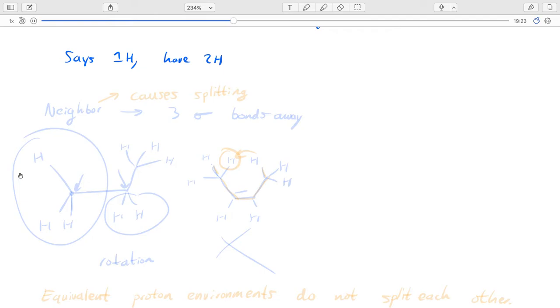Sure. So by neighbors, the general definition is we are 3 sigma bonds away. So we'll take something like this. Here's hydrogen, hydrogen. Those are not neighbors because they're attached to the same carbon. These ones over here, 1, 2, 3, 4, they're too far apart, so those aren't neighbors, but these two sections right here, those would be neighbors.